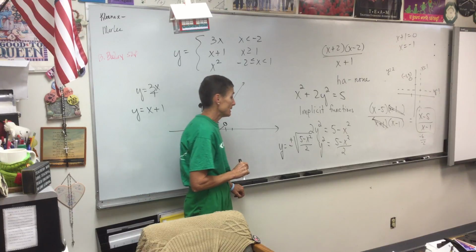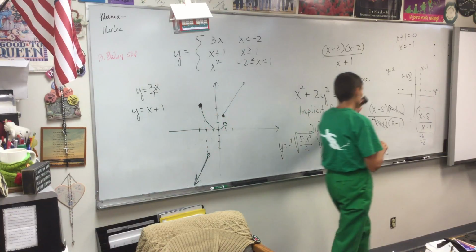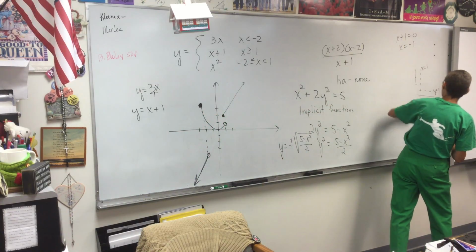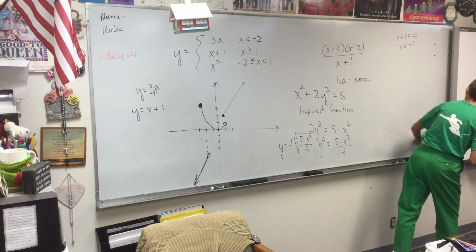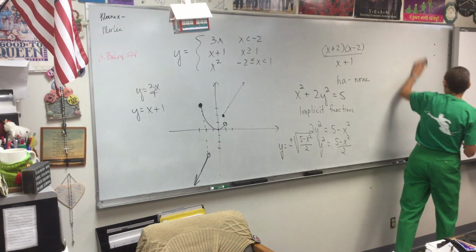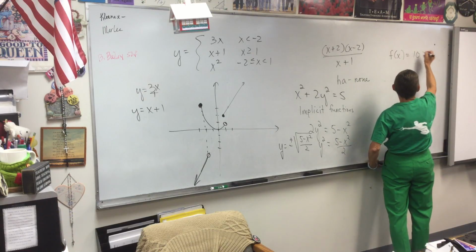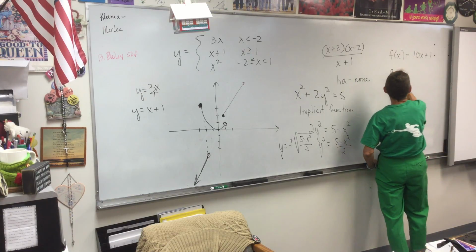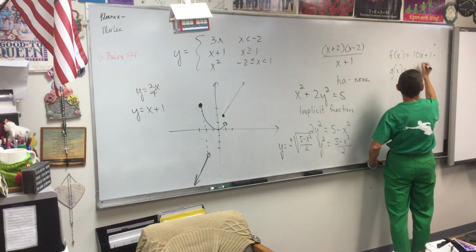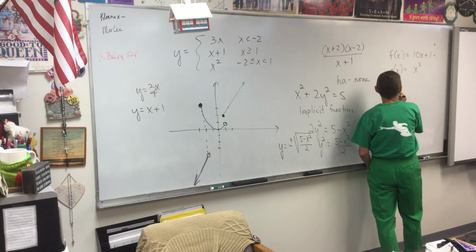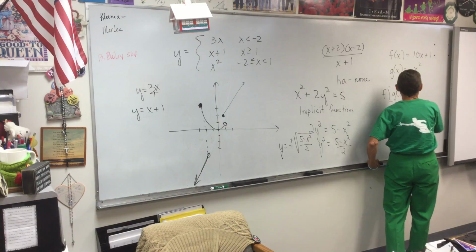Okay? And then the other thing that's on the quiz, the other thing we practiced, anybody happen to remember what we practiced on Friday? F of g. Yep, f of x equals 10x plus 1, and g of x equals x squared. Find f of g of 3.